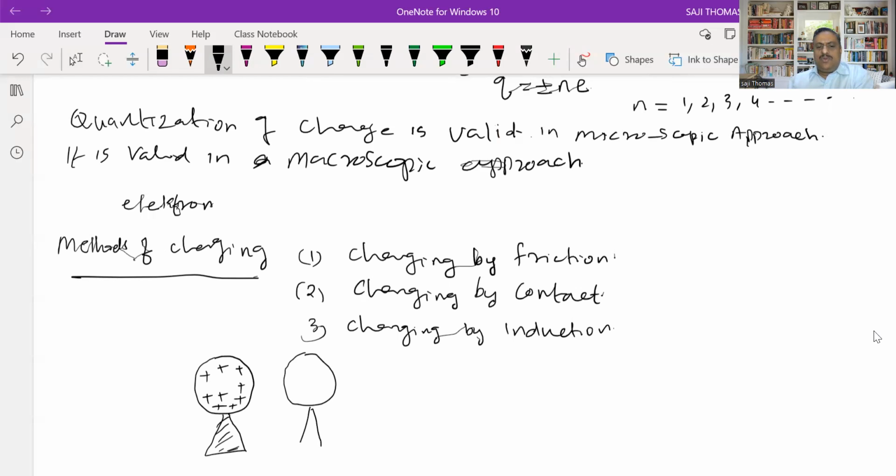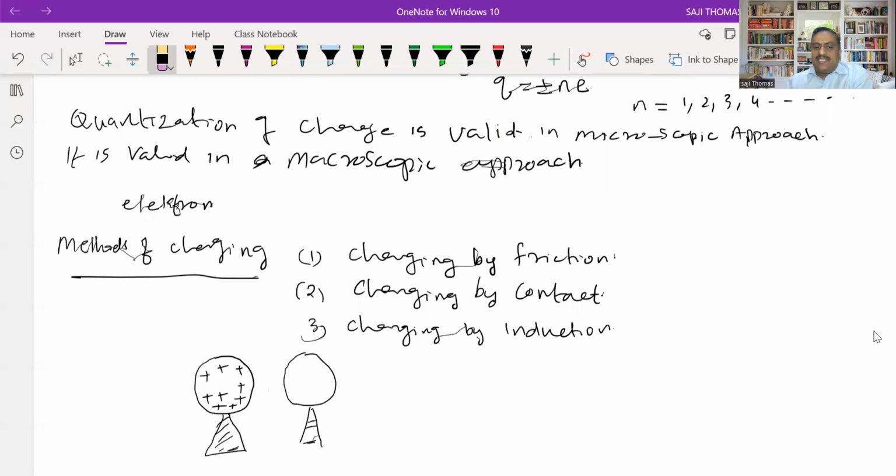This is also kept on an insulating stand. You know, this positive charge is fond of electrons, right? Positive charges are very fond of opposite charges, so this positive charge attracts the electrons.